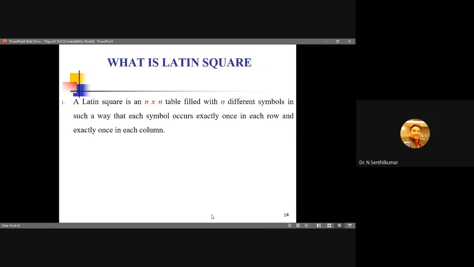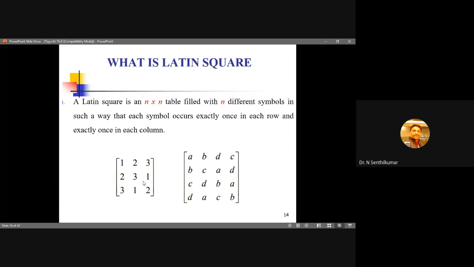Then what is meant by a Latin square? It is an n into n table. Here you can see this is an n into n table. So 1, 2, 3, and the same thing should not be repeated here. Each symbol occurs exactly once. So 1 should not repeat here, 2 should not repeat here.